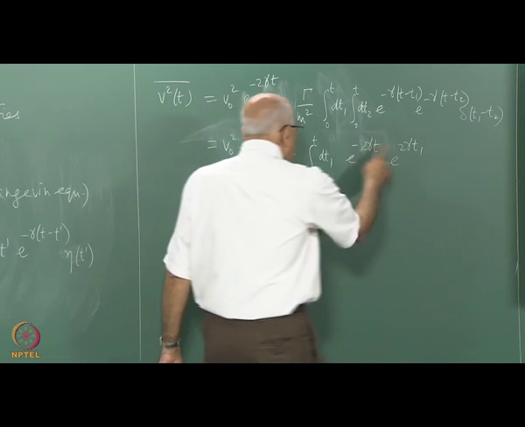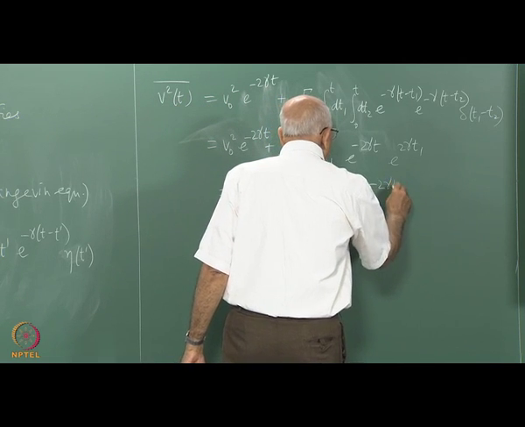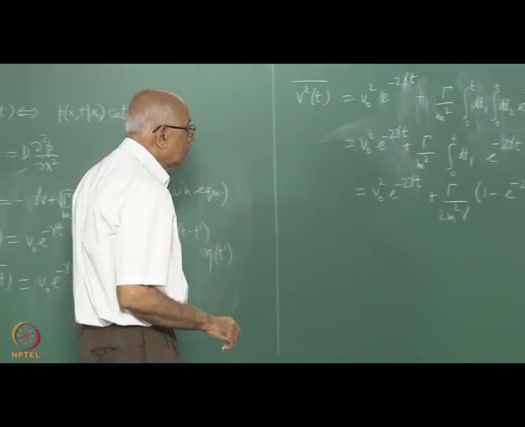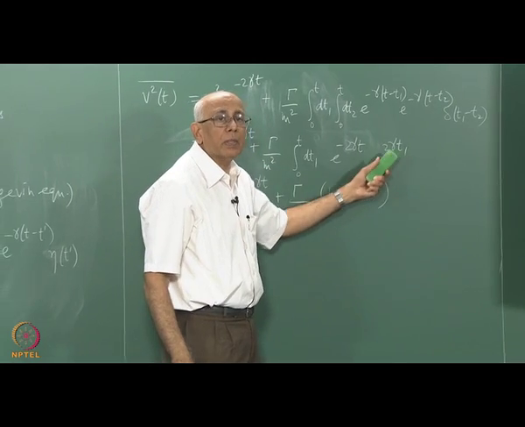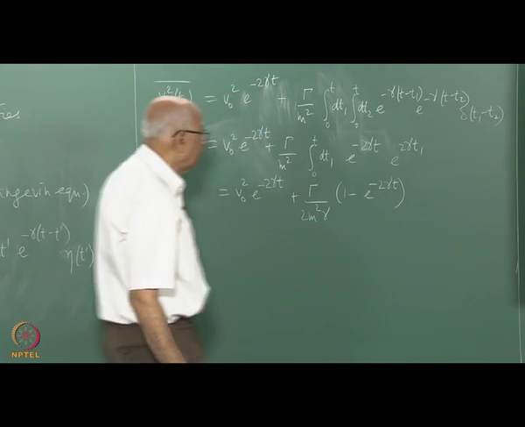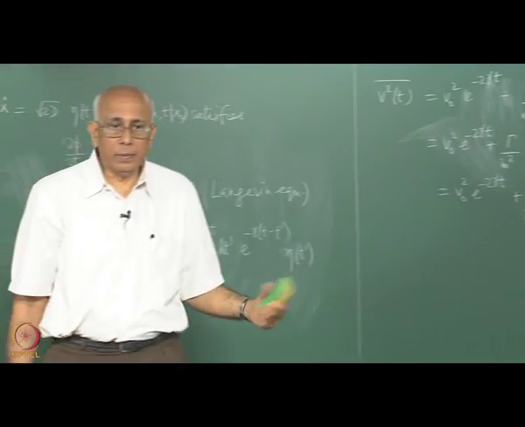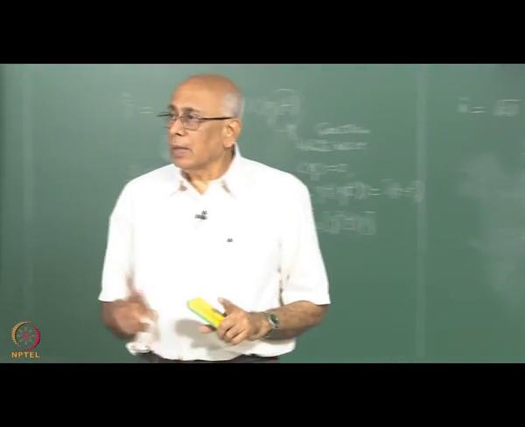The first term will cancel out and give you a 1, and the second one gives you e to the minus 2 gamma t. Because this integration is e to the 2 gamma t1 minus gamma t minus 1. So that is the result out here, and this has no exponential blow up, no linear blow up.